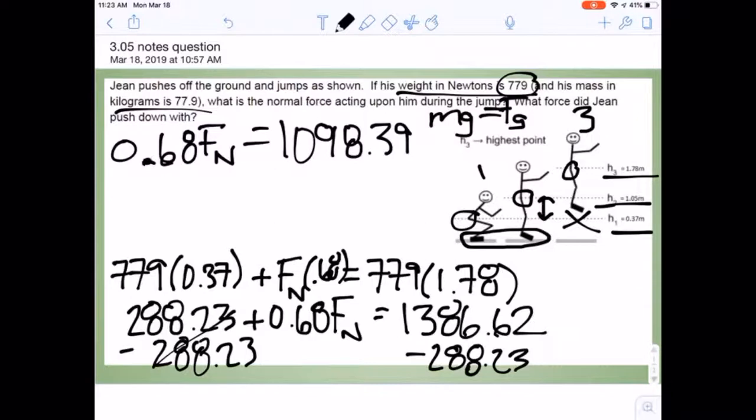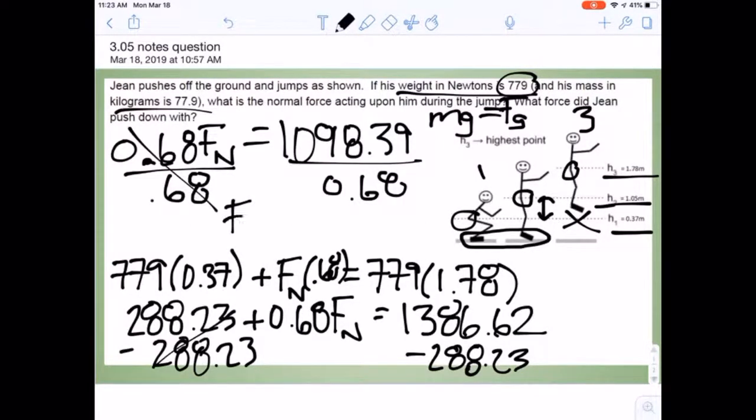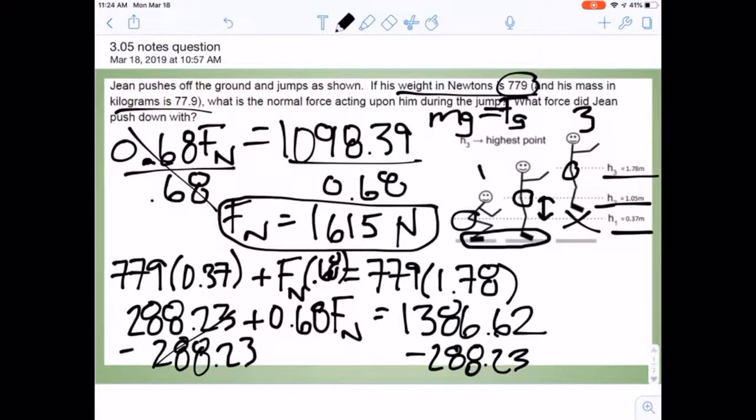All right, and our last step is going to be to divide by 0.68. And then we'll get normal force. So normal force is equal to 1,615. It's 0.27. I'll just round it to the nearest whole number. 1,615 newtons.